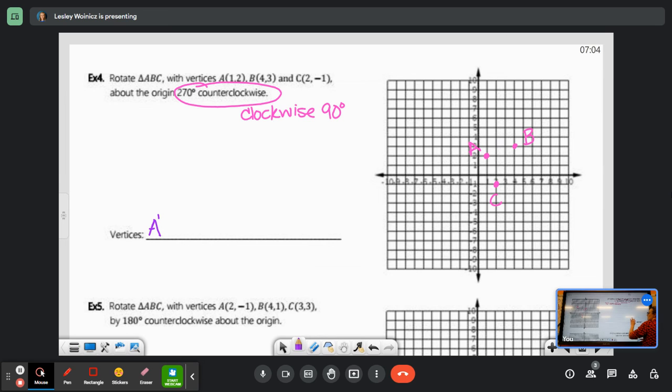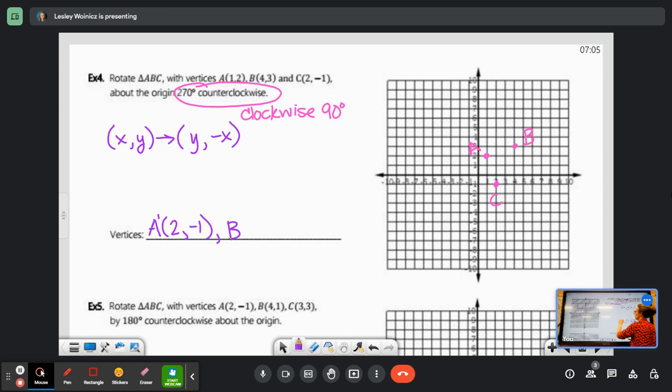A prime. What is the rule? The rule is, okay, we switch the x and the y. And if we're going clockwise, we want to make our new y value negative or change the sign. Okay, so I write the 2 first and make the 1 negative, basically.